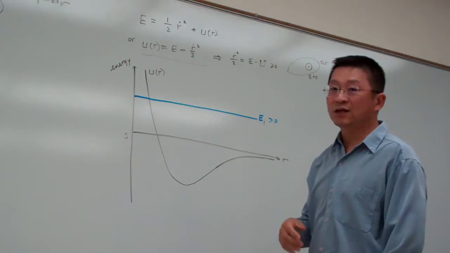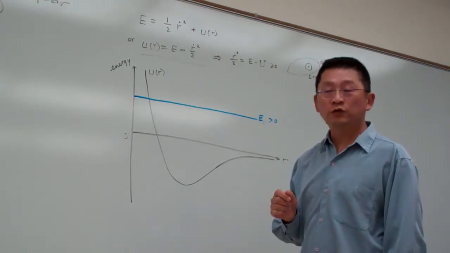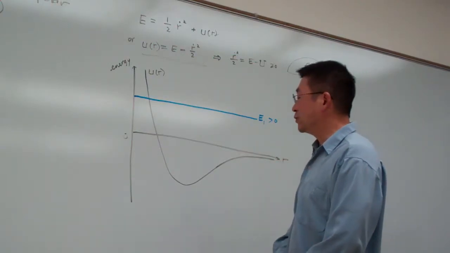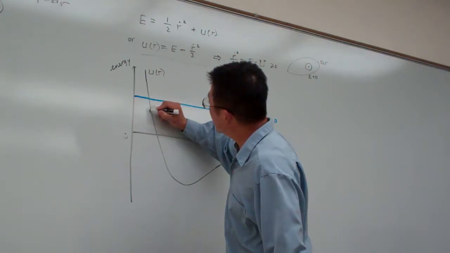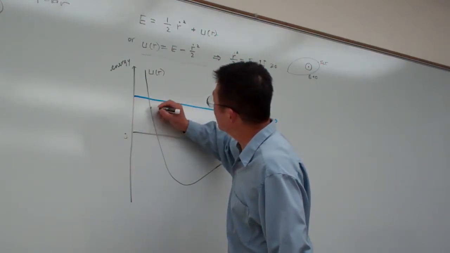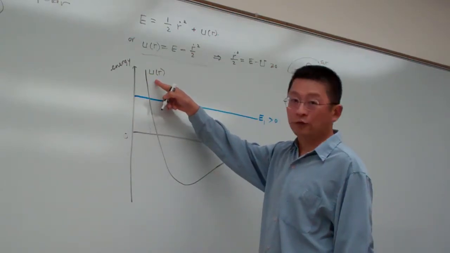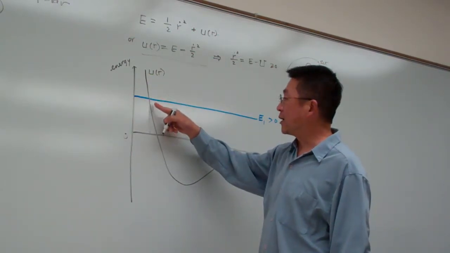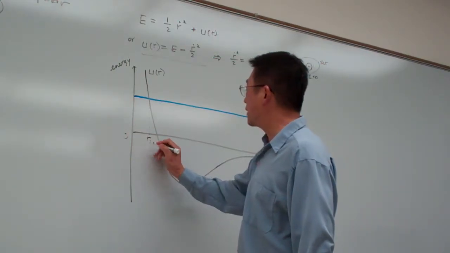So that means the legitimate, or possible, regions of motion for that object should be where? That should be here. This is the point where E equals U, and let me call the corresponding value R1.